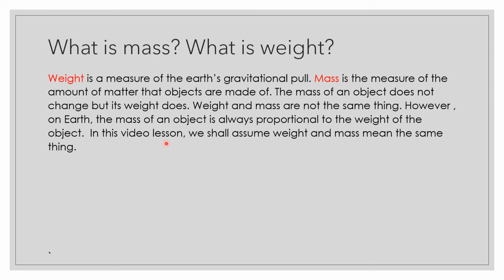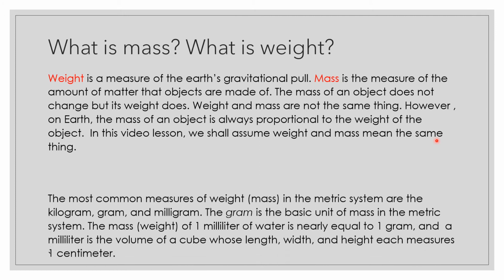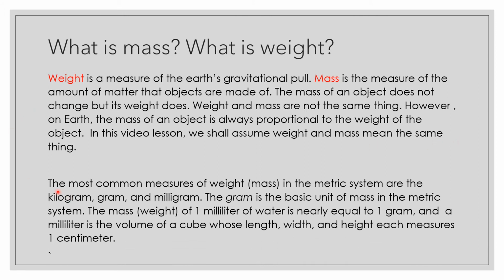Now, in this video lesson, we shall assume weight and mass mean the same thing. The most common measures of mass or weight in the metric system are kilogram, gram, and milligram. The gram is the basic unit of mass in the metric system. The mass or weight of 1 milliliter of water is nearly equal to 1 gram, and a milliliter is the volume of a cube whose length, width, and height measure 1 centimeter.